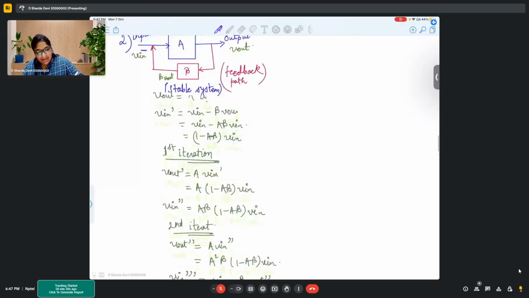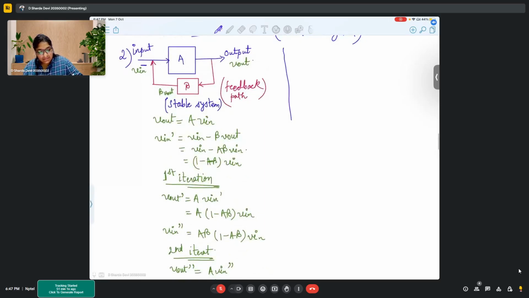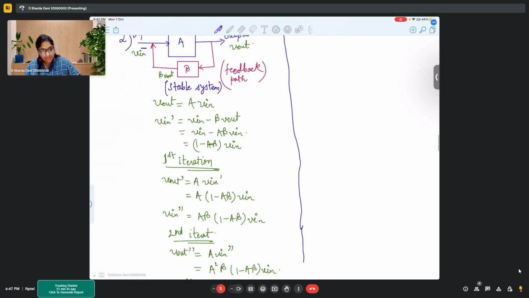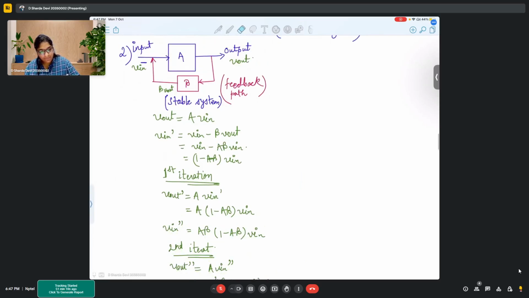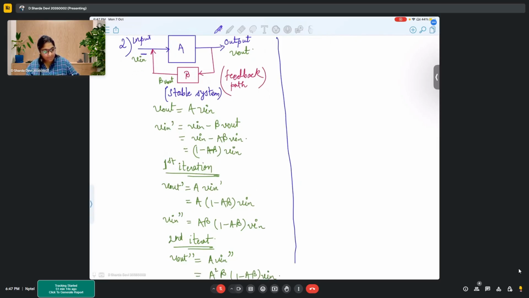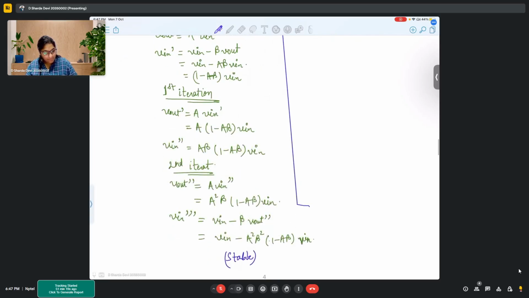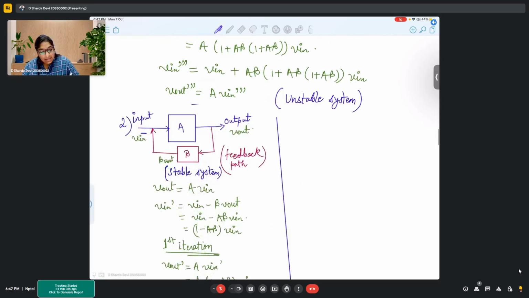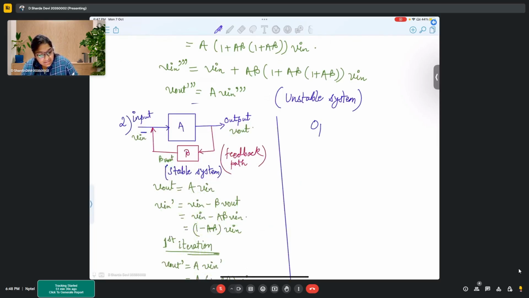So in op amps, what happens is, so yeah, here, why do we need this?